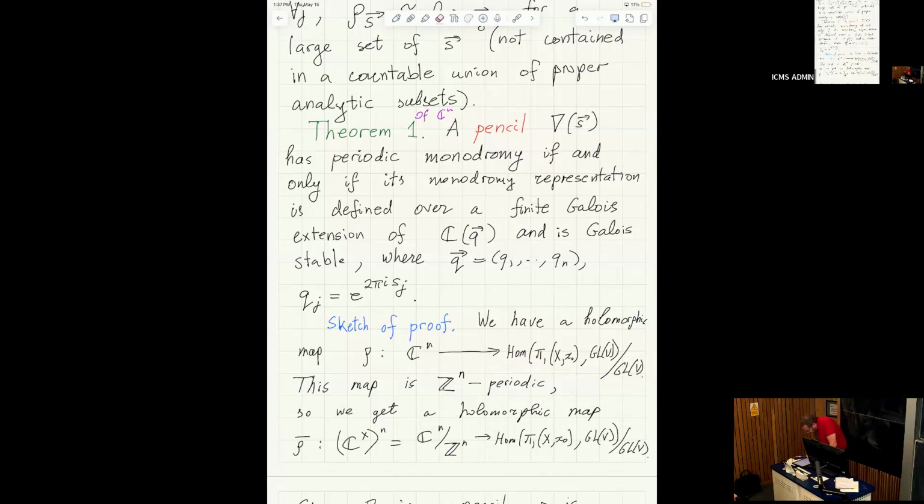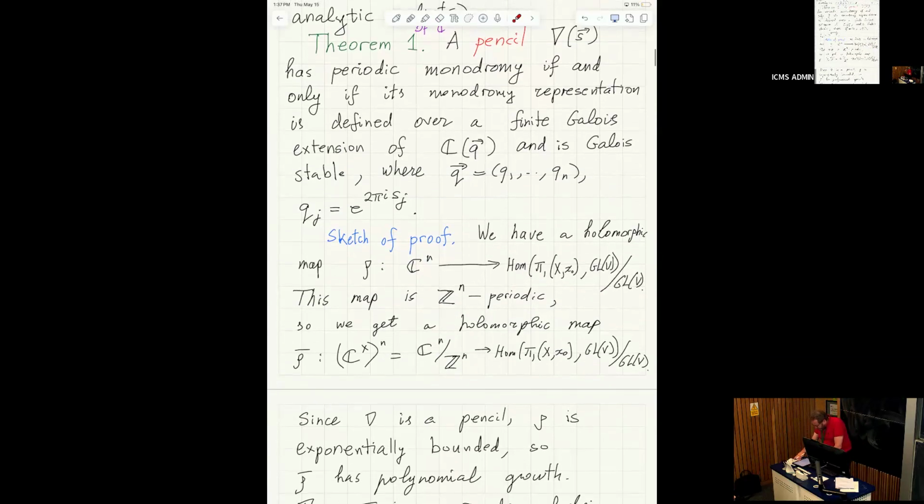And this map is periodic with period Z^n because our pencil is periodic. So therefore, we get a holomorphic map from (C star)^n, which is C^n modulo Z^n, into the Hom space modulo GL(V).